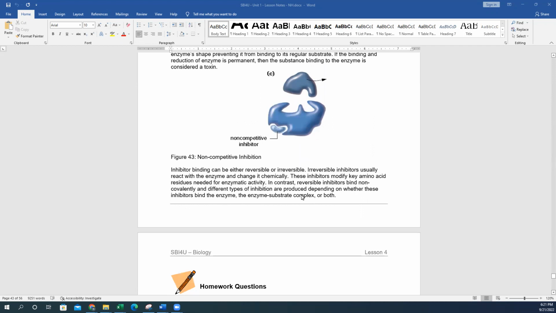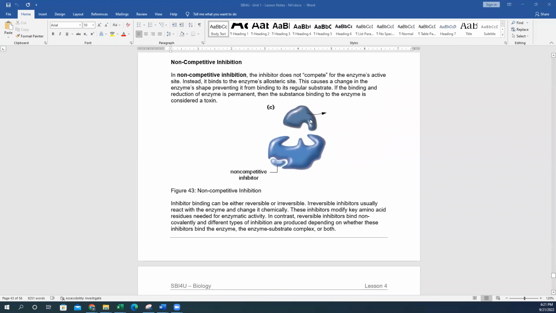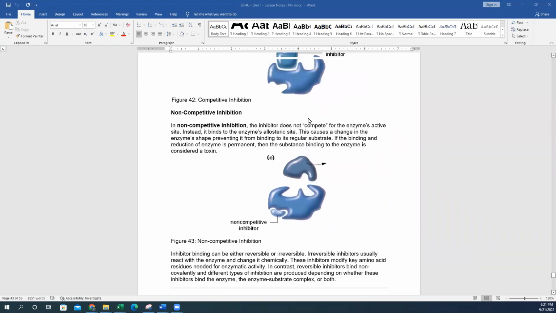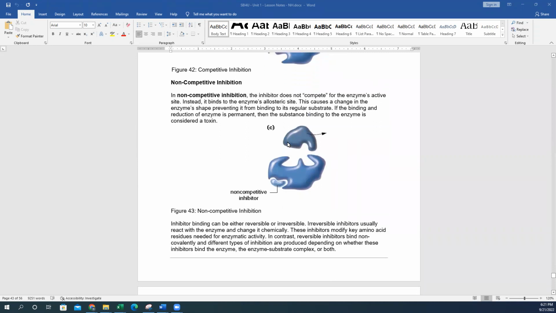Now, this binding of inhibitors, as we discussed, can sometimes be reversible, so it can come on and off, or it can be irreversible. And in the case of a molecule that is binding irreversibly and binding quite tightly, usually this binding causes a reaction with the enzyme that actually changes it at a chemical level.